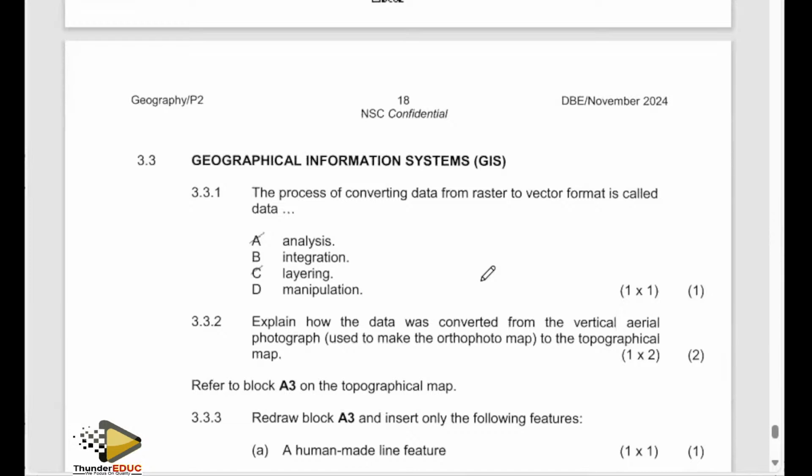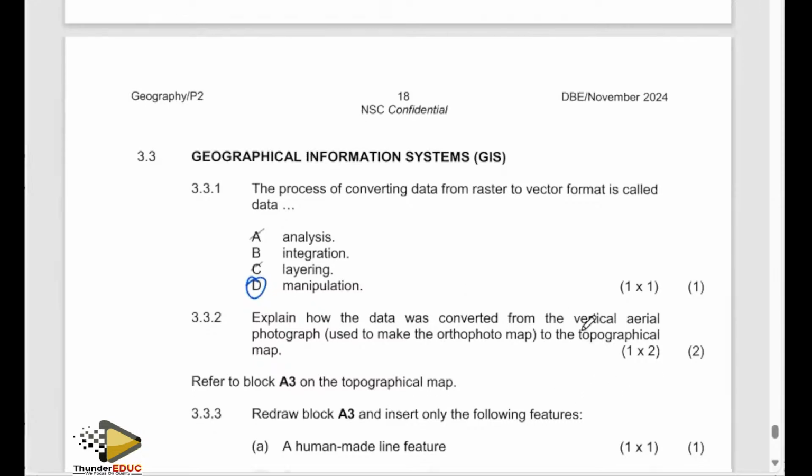Is it data analysis or integration, layering, or manipulation? Right. Basically, the correct response there is data manipulation. When we're talking of converting or changing data, we are manipulating it. We change the data to suit the needs of the user. So basically, data manipulation becomes the correct response.